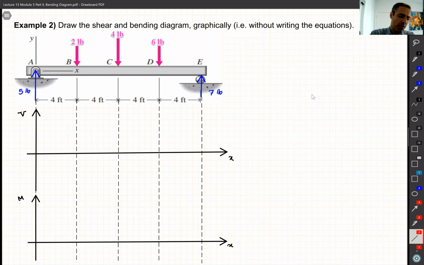equations. So I start from the left always, and whatever loads I see, if it's going up, there is a jump upward. If it's coming down, there is a jump downward. So I have 5, so a jump of 5.